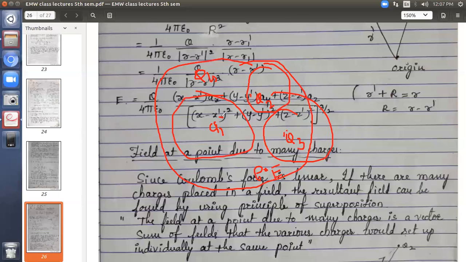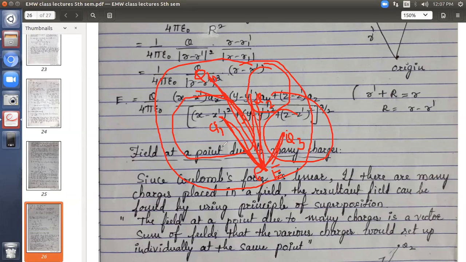So what I will do, I will calculate the field due to these two, then the field due to charge Q2, then the field due to charge Q4.